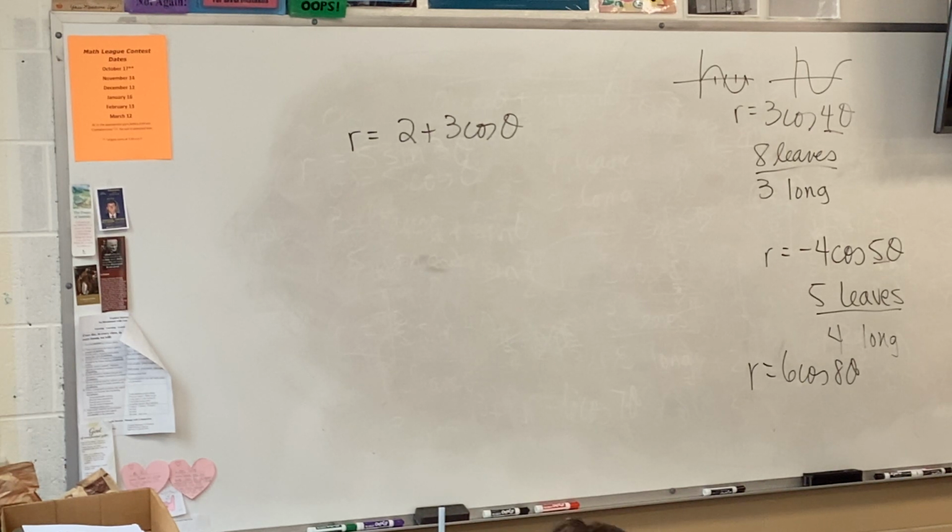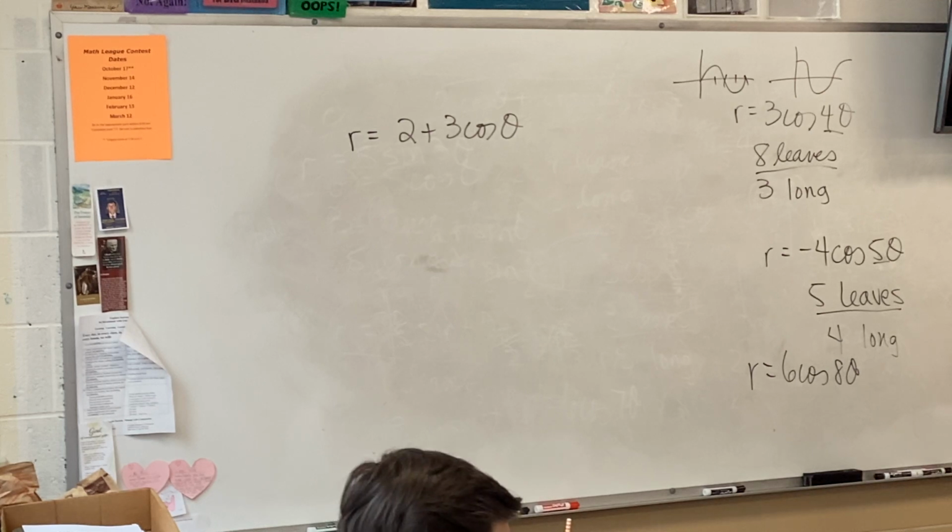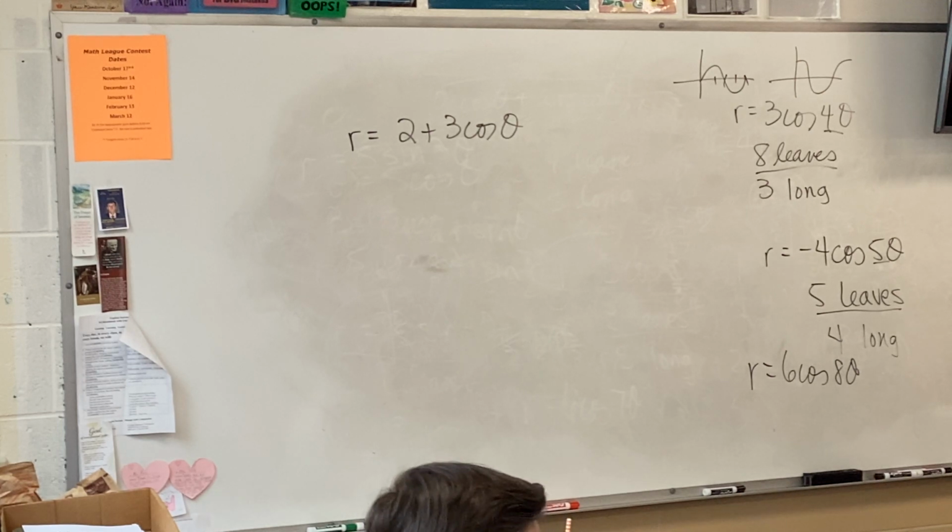What do you see? What does that look like? You see that picture and you don't think of anything? Have you ever eaten a lima bean? Does it look like a lima bean?